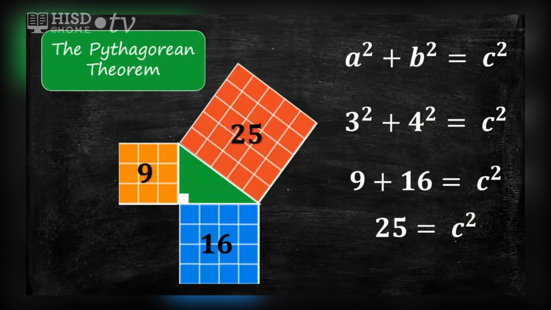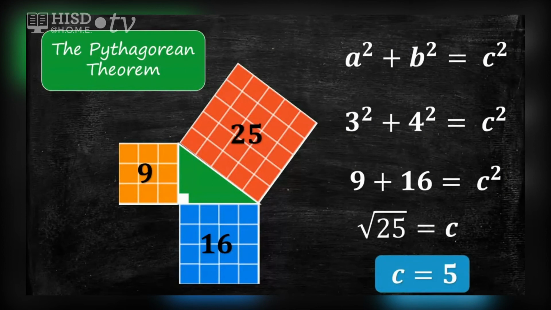So now we know that the area of the square is gonna be 25, and the only thing that I need to do now in order to find the side C is that I have to get the square root of 25. In other words, I have to find a number that, if multiplied by itself, will give me a result of 25, and that number is going to be 5. So I can say that the hypotenuse is equal to 5.